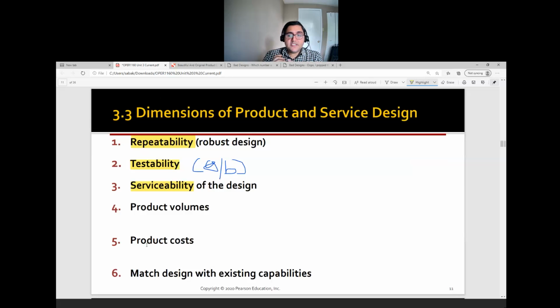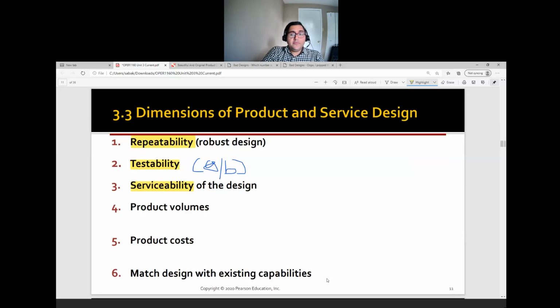The cost should be within what the customer is willing to pay. So I made a coffee which is really nice. I can make it in huge volume, but each coffee is worth, say, $50, then no one is going to purchase it. So cost is another key ingredient in the design and development stage of a new product.